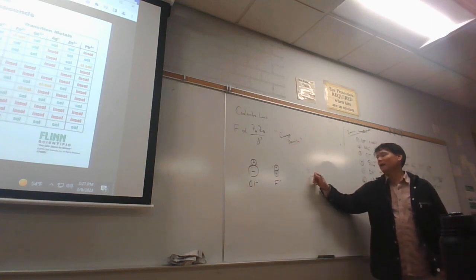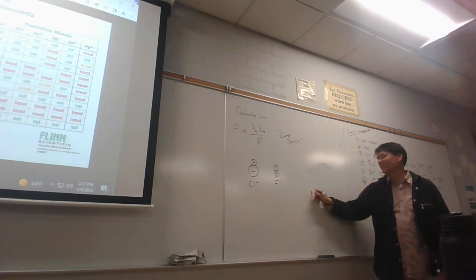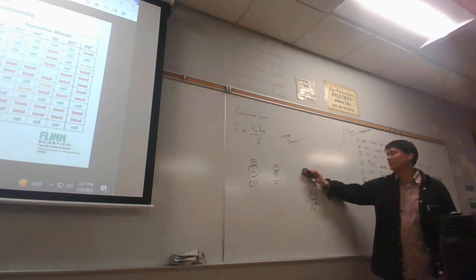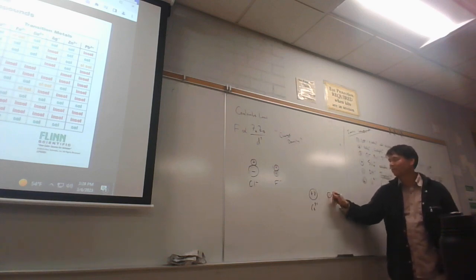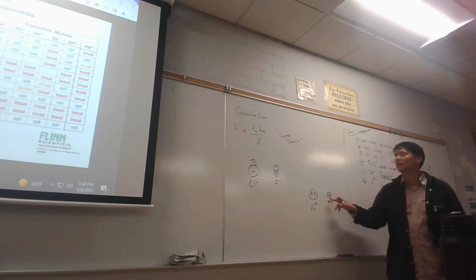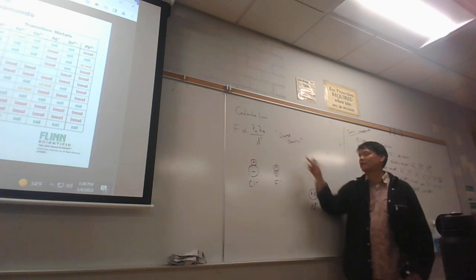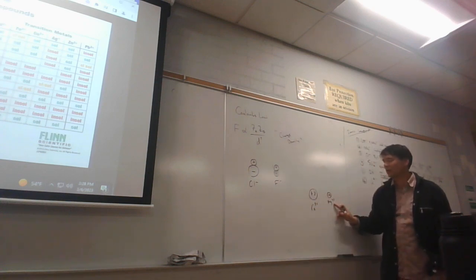So if this were calcium, let's say it's this big. And if calcium is this big, is magnesium bigger or smaller? Magnesium is smaller. And therefore, it's going to have a much stronger coulombic attraction to anions, like hydroxide.